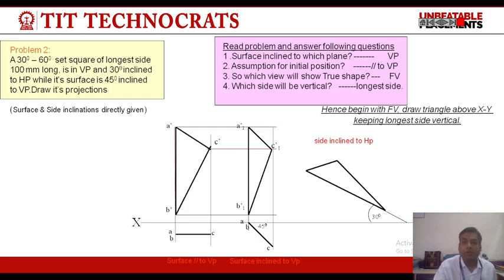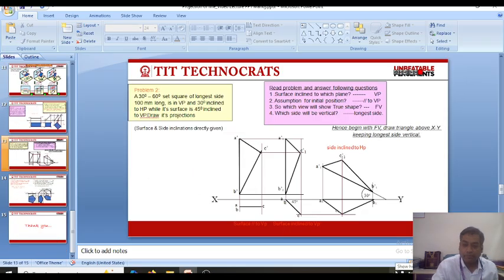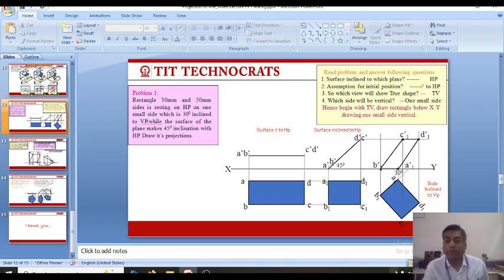For the final projection, we will draw the vertical projectors from the front view and horizontal projectors from the top view, and we will locate the points, and by joining them in the given sequence, we will complete the top view of the given figure. So, by seeing these two problems, you can understand that if the problem is started from the front view, it will finish at the top view.